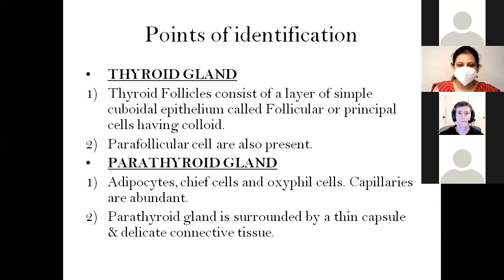It is surrounded by a capsule, which I just mentioned, and delicate connective tissue. These will be the points regarding the parathyroid gland. Regarding the thyroid gland, we will mention the lining of the follicles, the colloid material present in the center, another variety which is parafollicular cells, and also the connective tissue capsule.